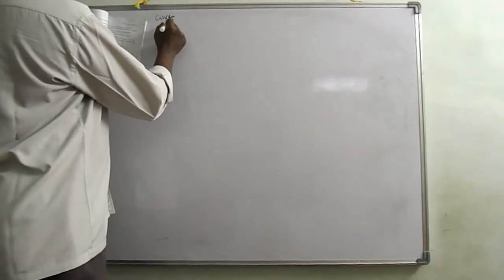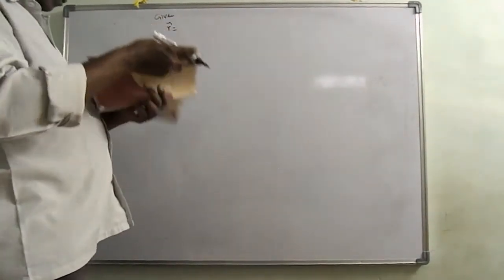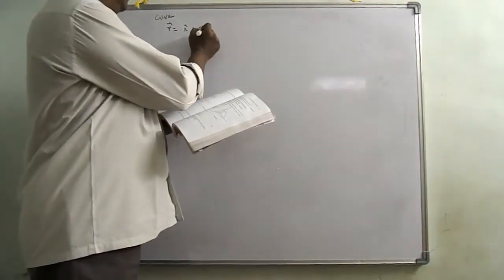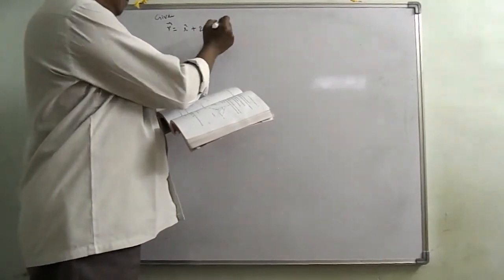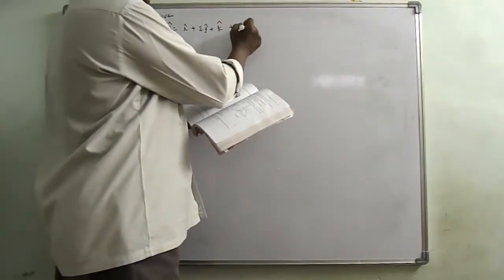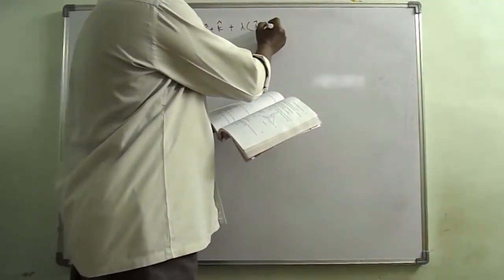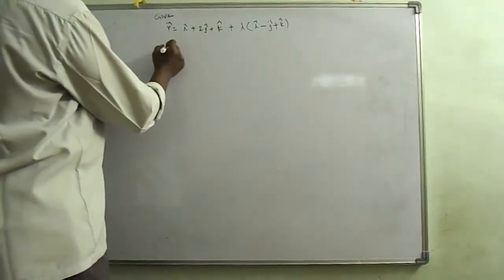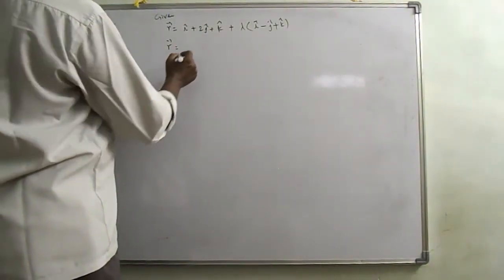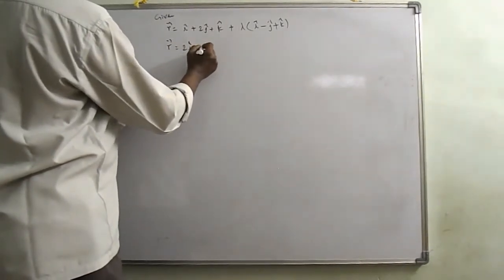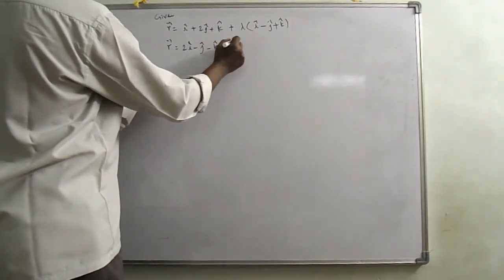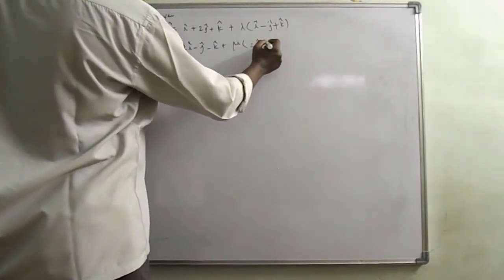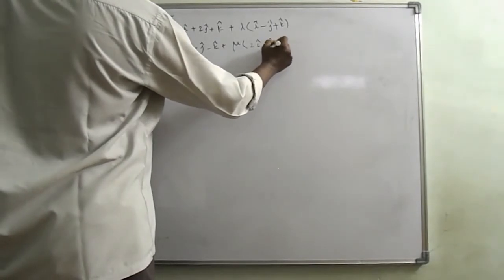Given r vector equal to i cap plus 2j cap plus k cap plus lambda into i cap minus j cap plus k cap, and another line r vector equal to 2i cap minus j cap minus k cap plus mu into 2i cap plus j cap plus 2k cap.